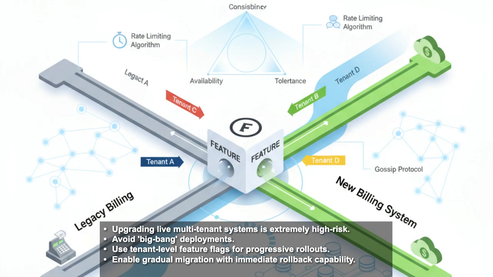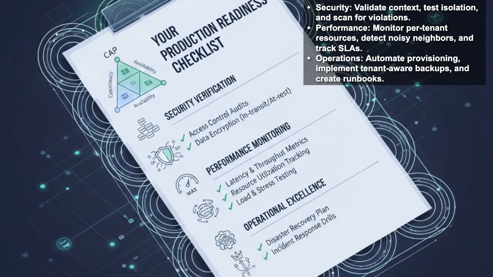Instead of a single shared database connection pool, we can create separate pools tiered by tenant plan. For example, larger pools for enterprise customers and smaller ones for basic users. Furthermore, implementing tenant-level resource quotas and rate limiting using algorithms like the token bucket ensures that no single tenant can monopolize CPU, memory, or API requests, guaranteeing a baseline level of service for all customers.